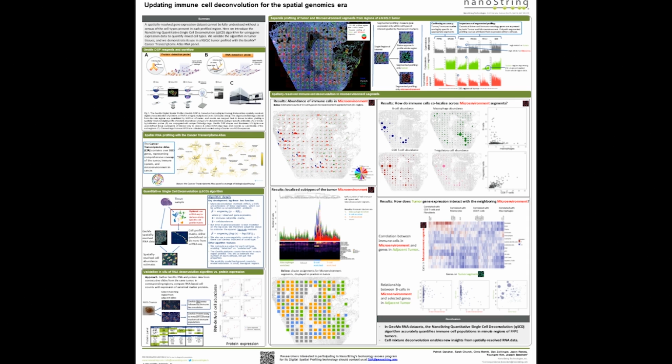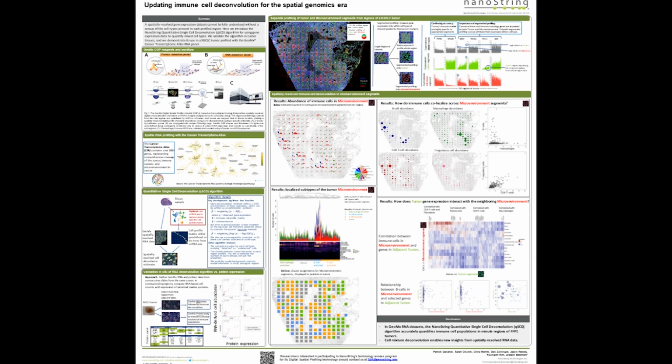So the essence of what we're doing is in this cartoon on the left here. We've got a deconvolution algorithm, and I'll show you how this works. So you would begin with a tissue sample, and on the left branch, you would collect genomics RNA platform data from this sample. On the right branch, you would use single-cell RNA-seq or publicly available data to derive a matrix of expected expression profiles for all the cell types in your study.